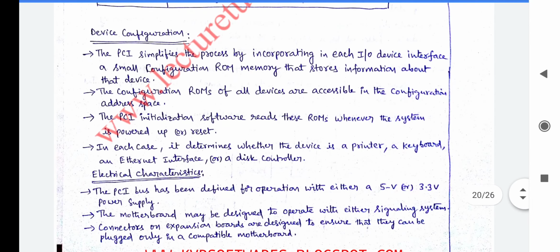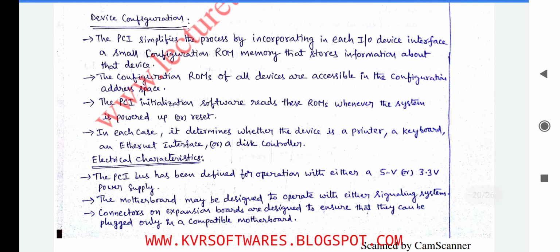Next, device configuration of the PCI bus. PCI simplifies the process by incorporating in each I/O device interface a small configuration ROM memory that stores information about that device. The configuration ROMs of all devices are accessible in the configuration address space.